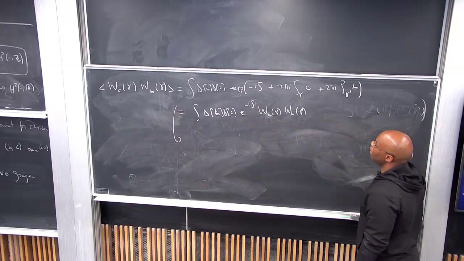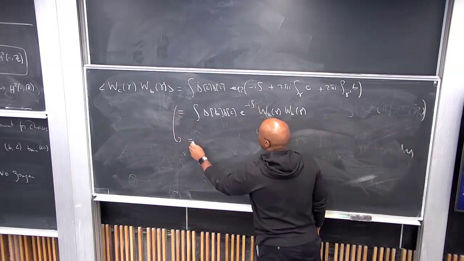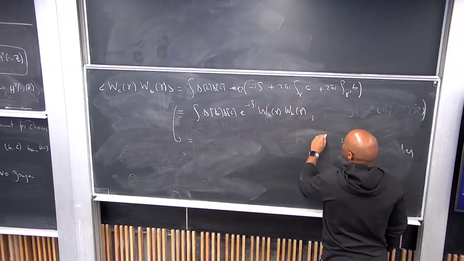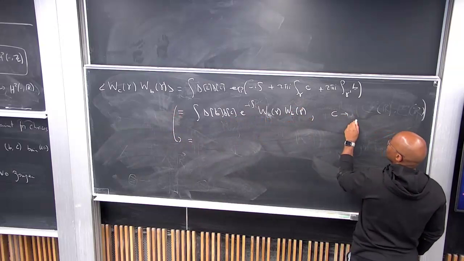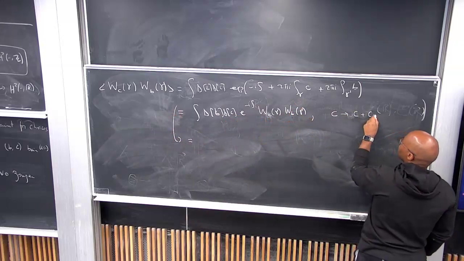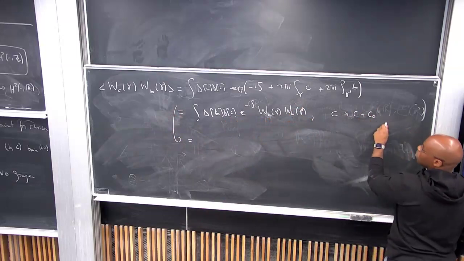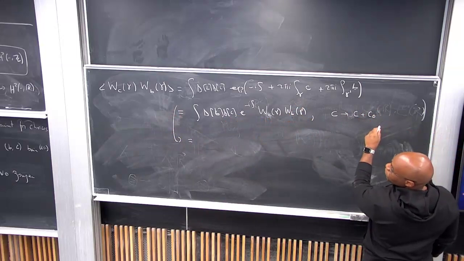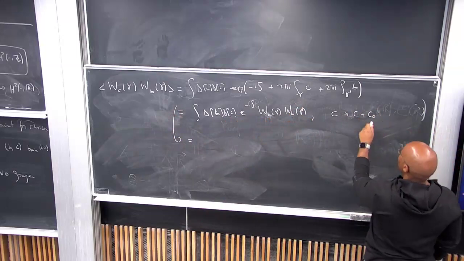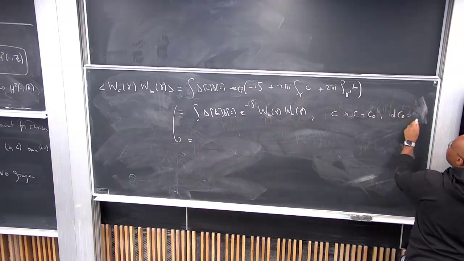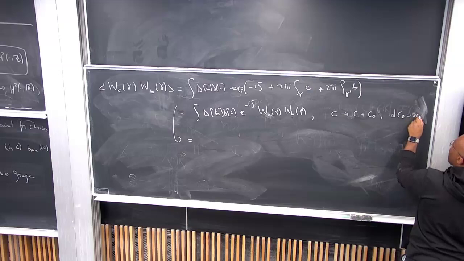We can evaluate it by simply observing that I can shift C to C plus some C0, with the constraint that D of C0 is 2 pi i over N times n times the delta function on gamma.